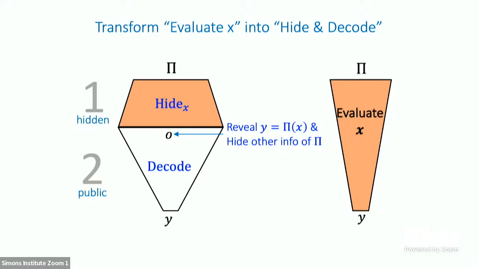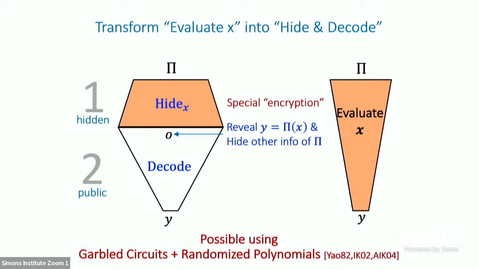If that's the case, then indeed the decoding can be done in public because all the intermediate values would only depend on the output Y. And so we can think about the hide procedure as some kind of special encryption that only allows revealing the output for a single specific input and hides all other information about the program. It turns out that this can actually be done using quite classical cryptography tools such as Garbled circuits and randomized polynomials. And this is a great step.